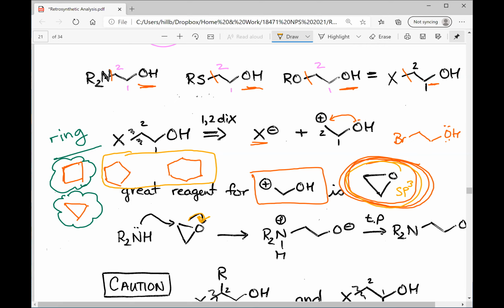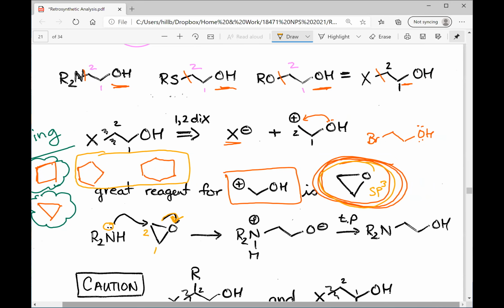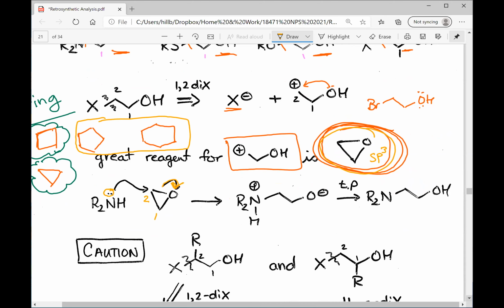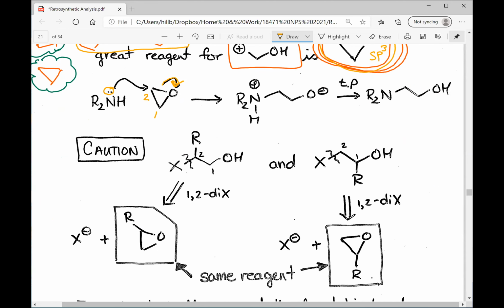So epoxides are often used as a two-group disconnection here. So carbon 1, carbon 2, and you can open this up and generate the product that you are interested in. Now, the next thing I've got is basically a cautionary tale.